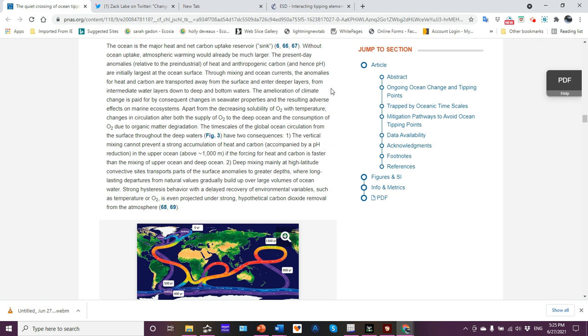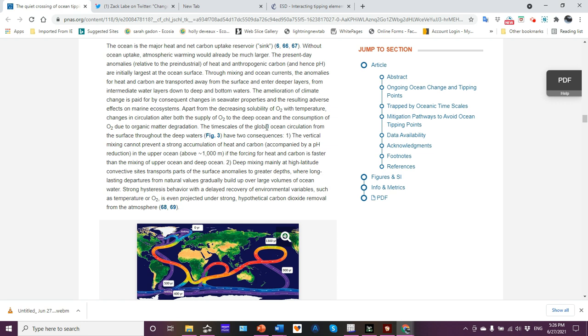The amelioration of climate change is paid for by consequent changes in seawater properties and the resulting adverse effects on marine ecosystems. Apart from the decrease in solubility of oxygen with temperature, changes in circulation alter both the supply of oxygen to the deep ocean and the consumption of oxygen due to organic matter degradation.